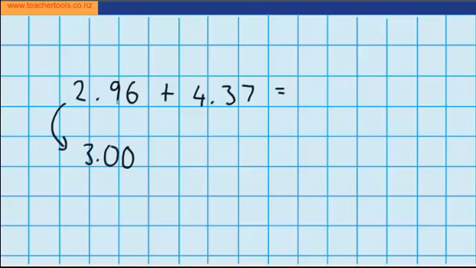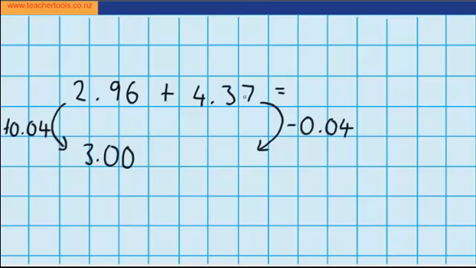Now to change 2.96 into 3, I had to add some hundredths. I had to add 0.04 or 4 hundredths. And I got these 4 hundredths from the 4.37. So this pile is going to get smaller by 4 hundredths. 0.04.